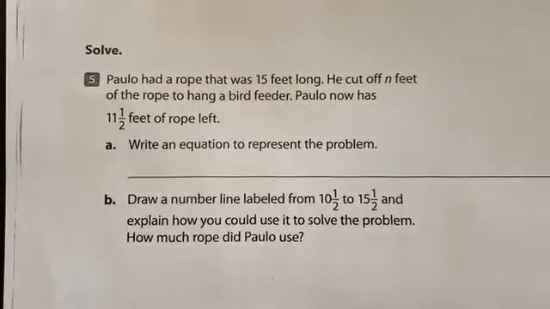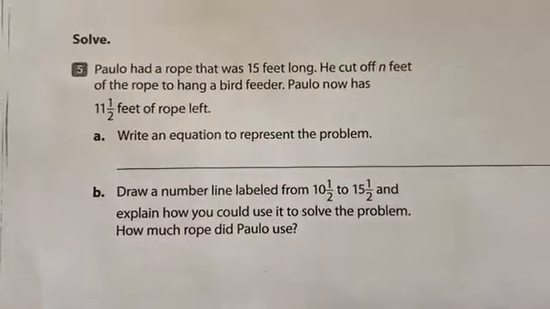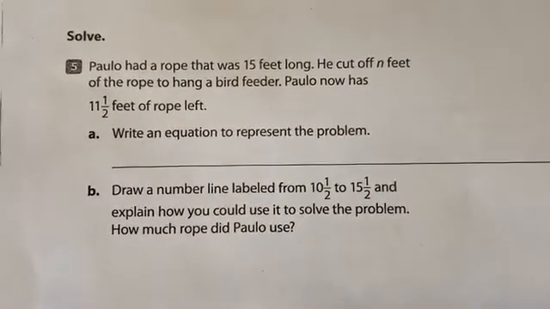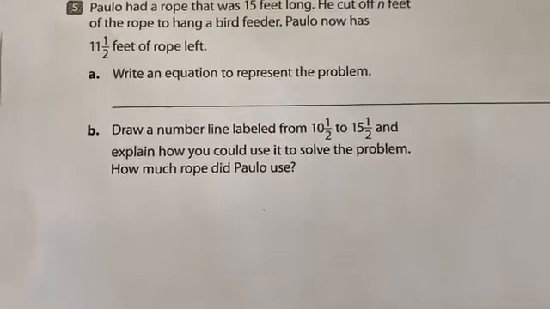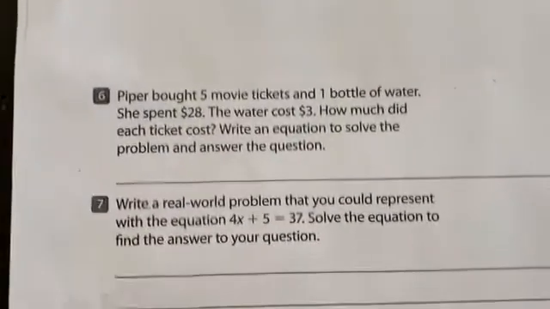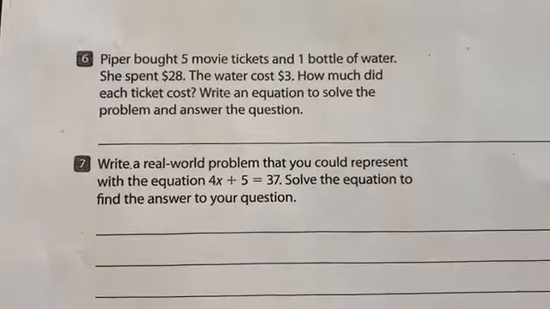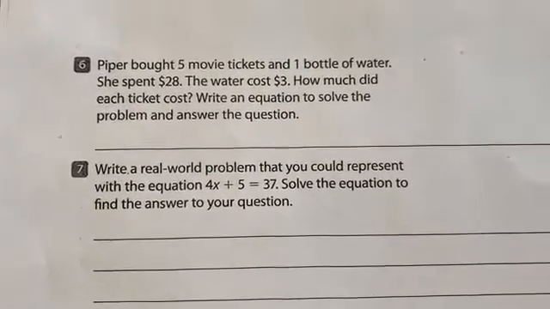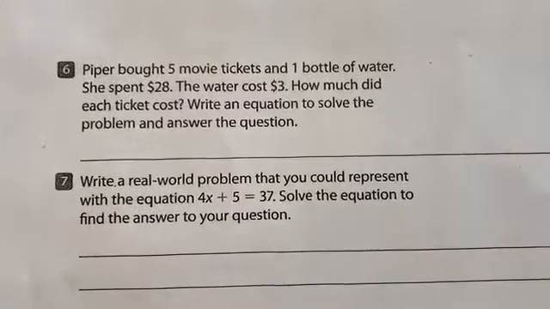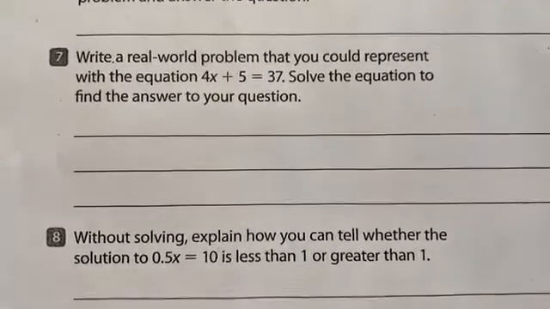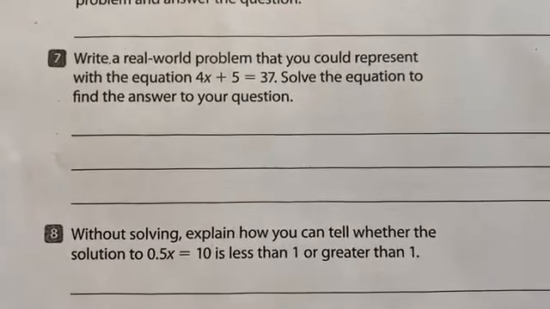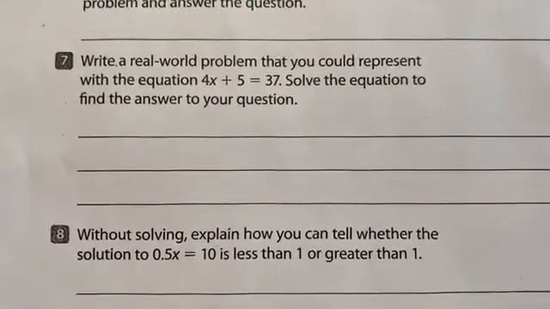And on the back side, you're going to be expected to write an equation and then draw a number line and solve your equation. And then there's a couple more situations for you to think about and write an equation. And then for this one and the last one, doing some more deep thinking about equations you've been given.